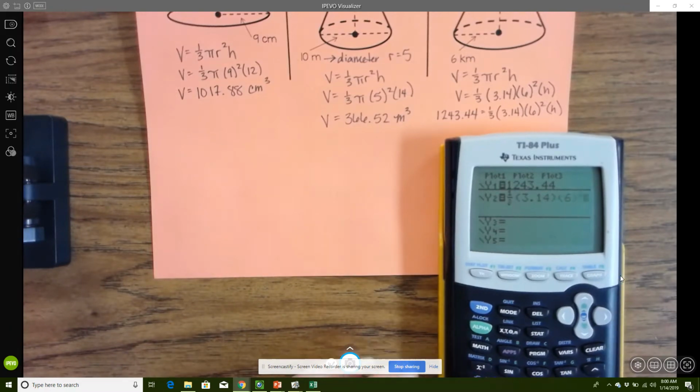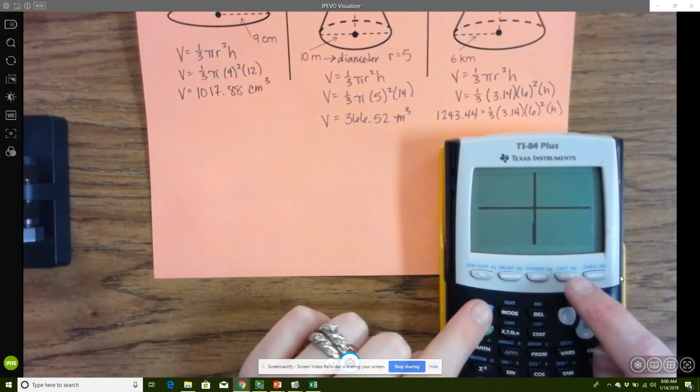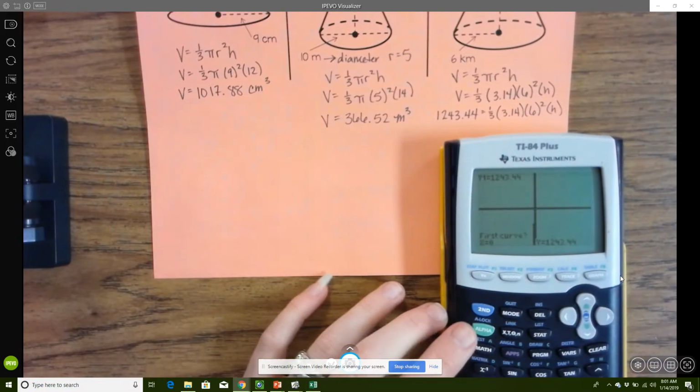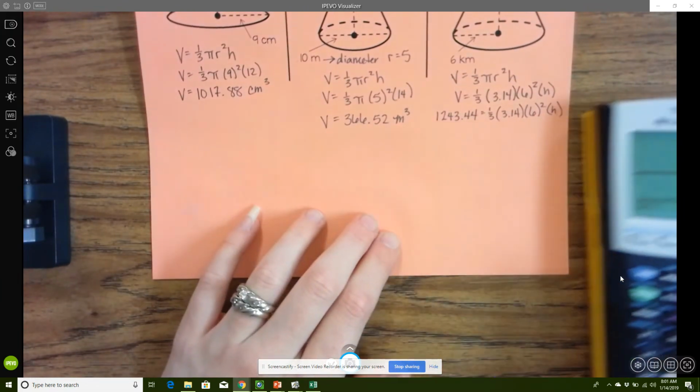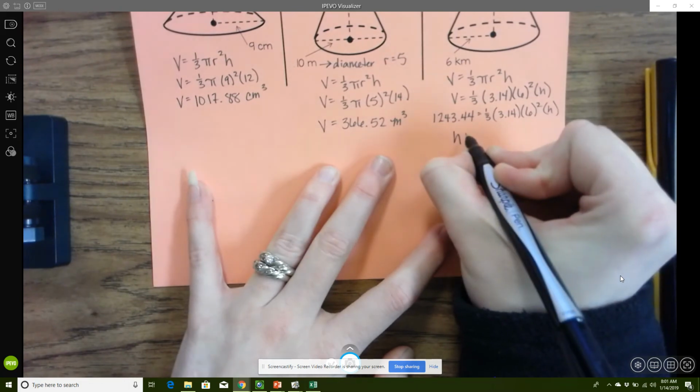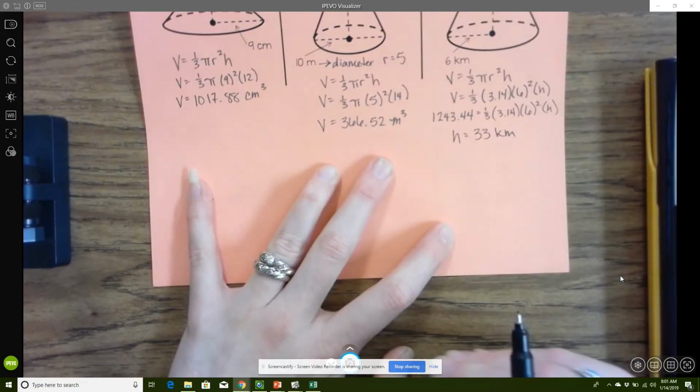My radius is 6, and I don't know my height, so I use an x. All right, so second trace 5, and it gives me x equals 33. So my height would be 33 kilometers.